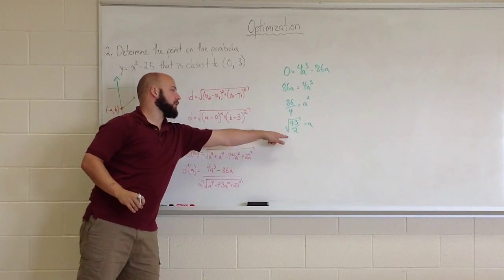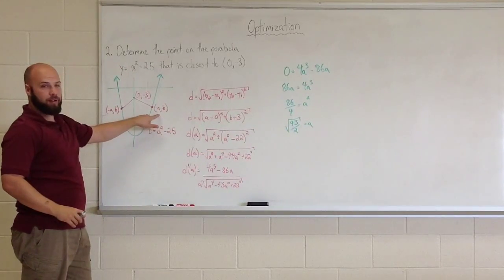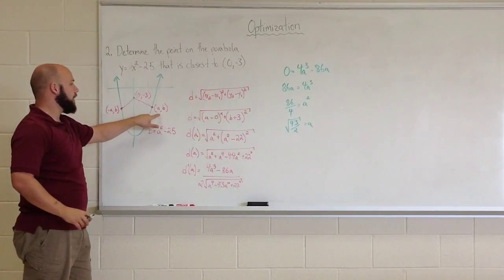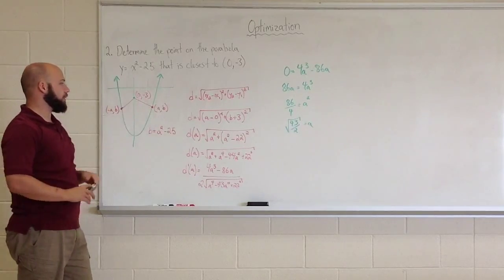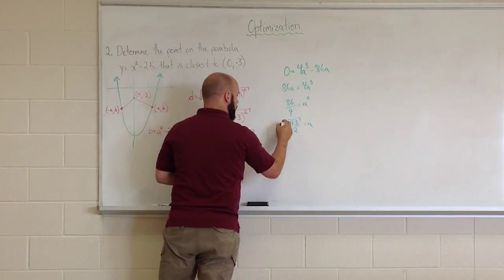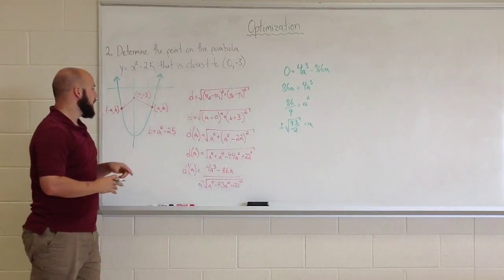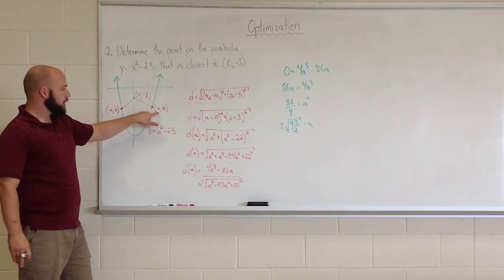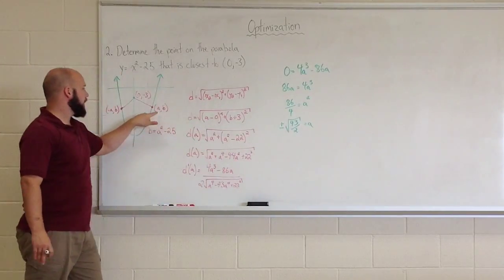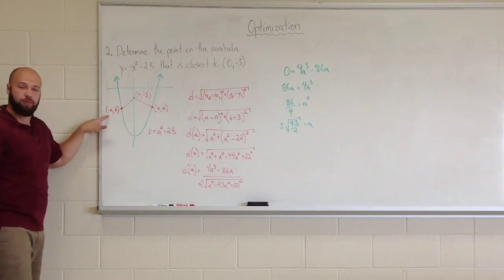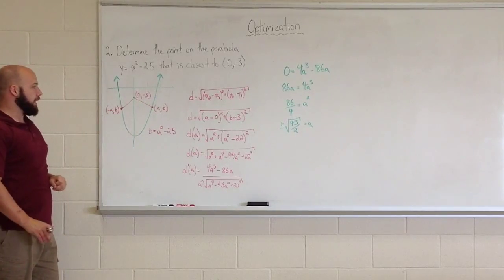That's our x value that's going to be closest to (0, negative 3). Because we took the square root here, you do have to have plus minus, because for the square root of 43 over 2, this a is going to be as close as the negative square root of 43 over 2 is there.